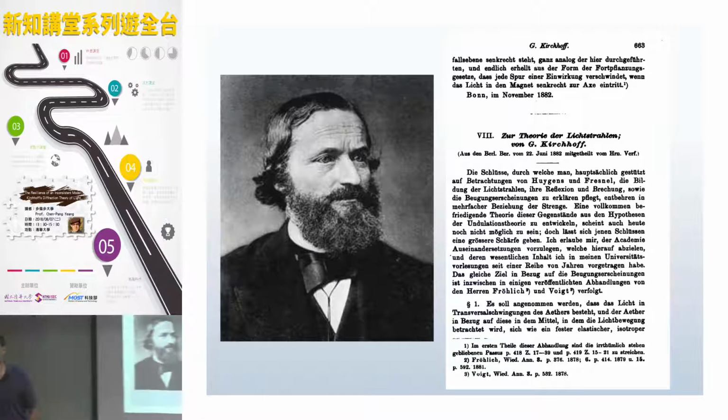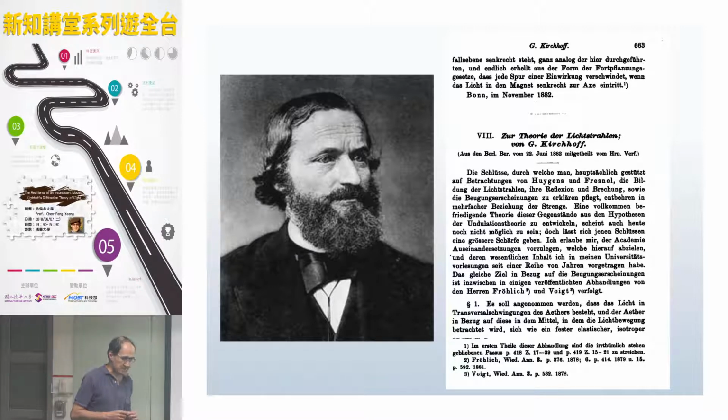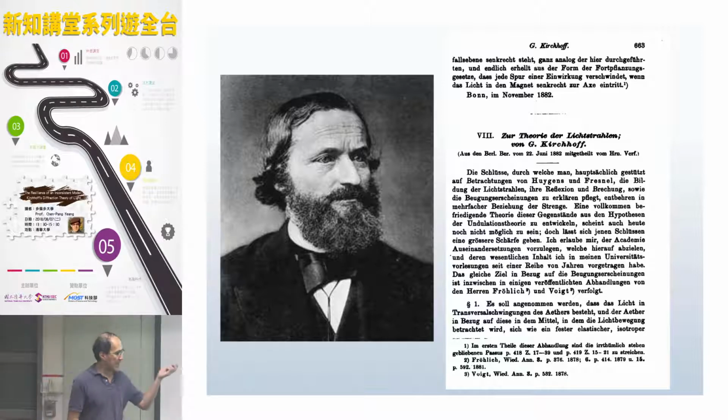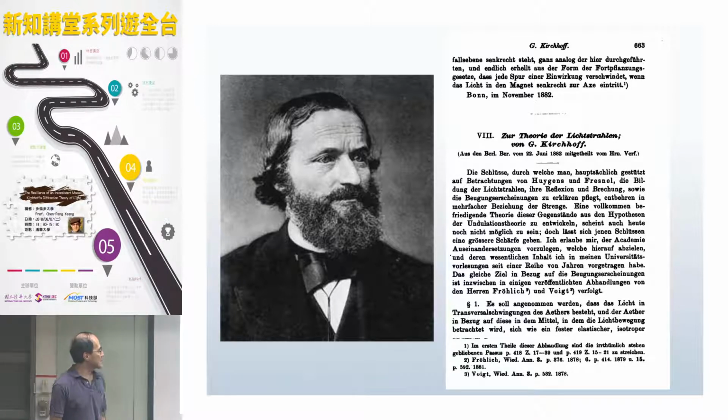So today I'm going to talk about a specific theoretical development at the end of the 19th century and early 20th century, and that has to do with the creations of the German theoretical physicist Gustav Kirchhoff. So in 1882, Kirchhoff, at the time a professor at the University of Berlin, published a paper, Theorie der Lichtstrahlen.